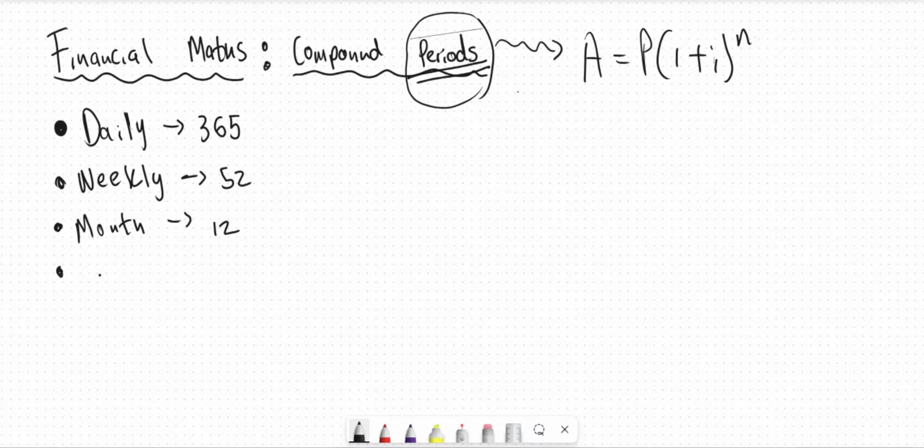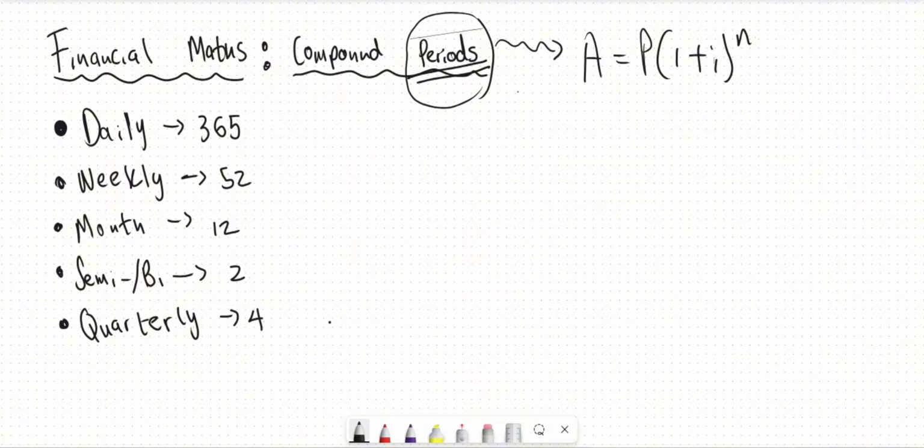And what's a common one as well? Semi-annually or biannually. Then you'd be dividing by 2. And then lastly, if it was quarterly, that means this rate of interest is being accumulated every 3 months, and so for that, we'll be dividing by 4.